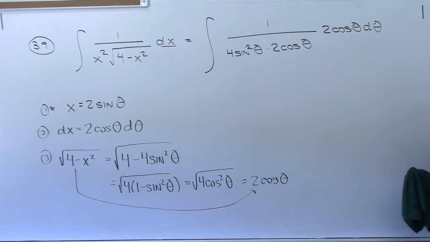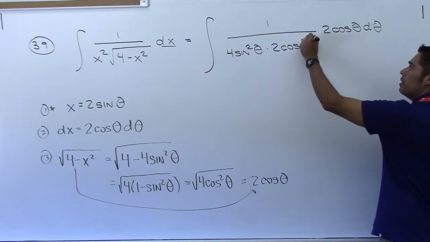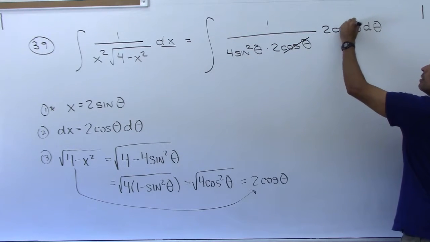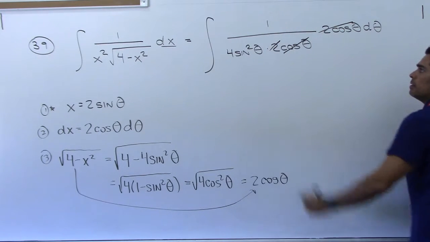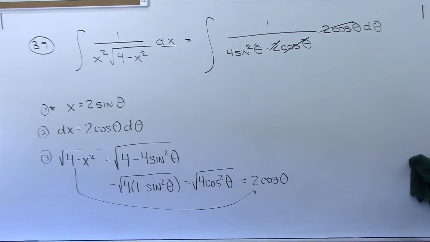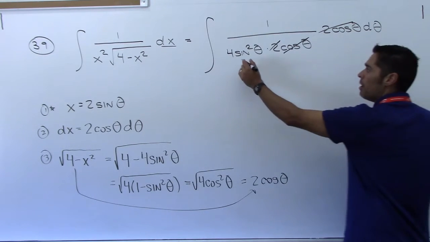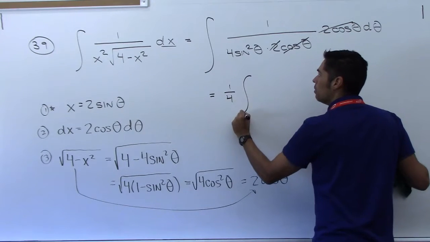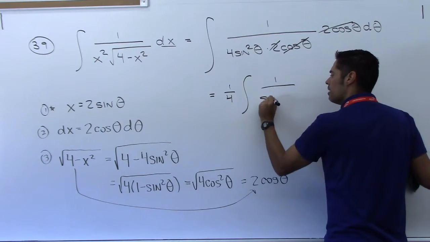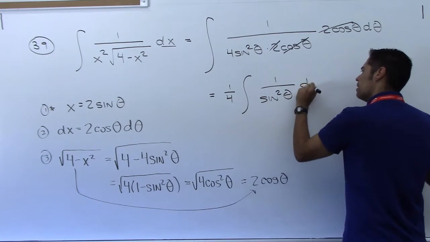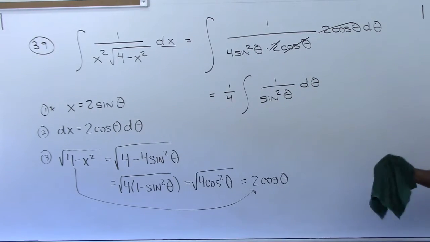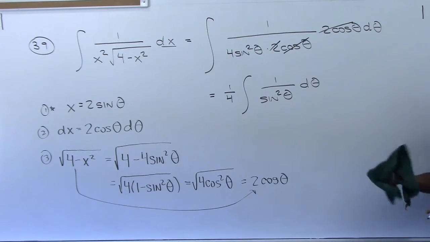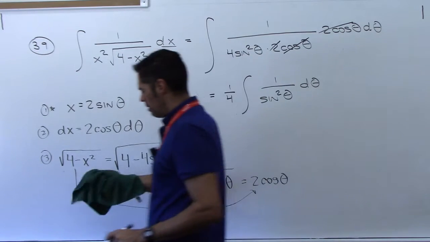And some things actually happen pretty nicely here. That cancels completely, and the 2, right? And so I have a 4 on the bottom that I can take out of the integral as a 1/4. The integral, I've got 1 over sine squared theta d theta. That's all, right? Any ideas on what to do with that?